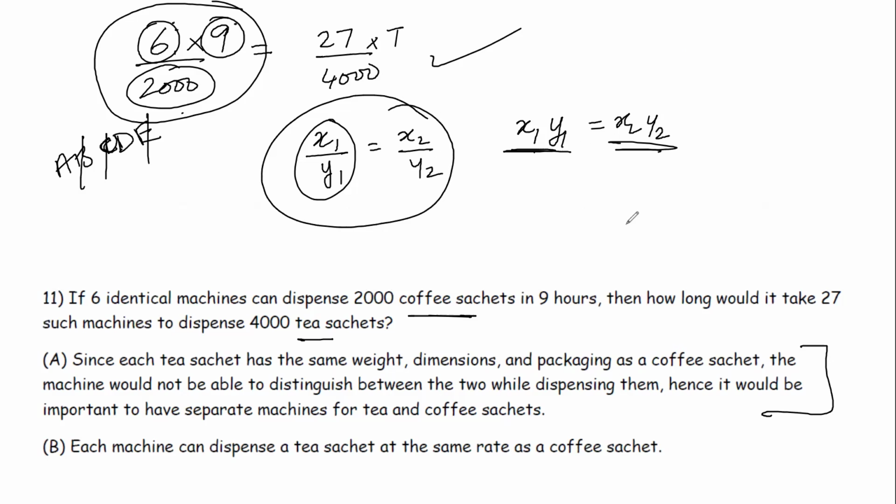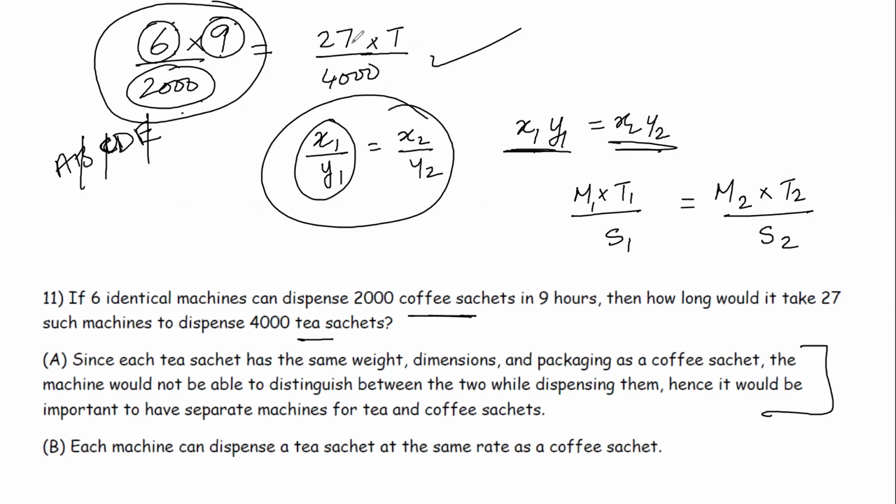So when we combine the two, we end up getting that expression, which I'll write down as machines M1 times time 1 upon sachets 1 is equal to machines 2 into time 2 upon sachets 2. And that's how I got that expression. Machine 1, 6 machines, time 9 hours, 2000 coffee sachets.